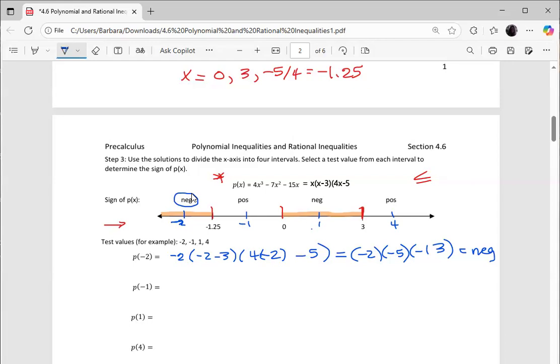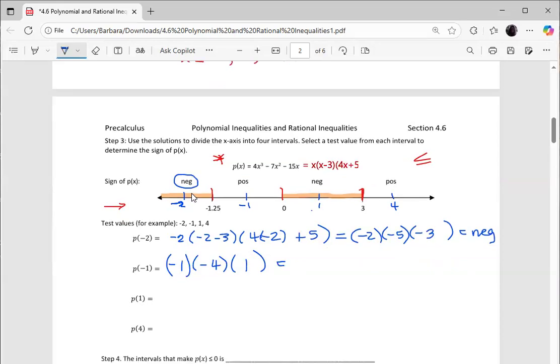So because it's negative, I'll go ahead and put that negative in that interval. We're going to go ahead and test -1 in the polynomial, and we have -1 times -1 minus 3 is a -4. I'll do a little mental math there.